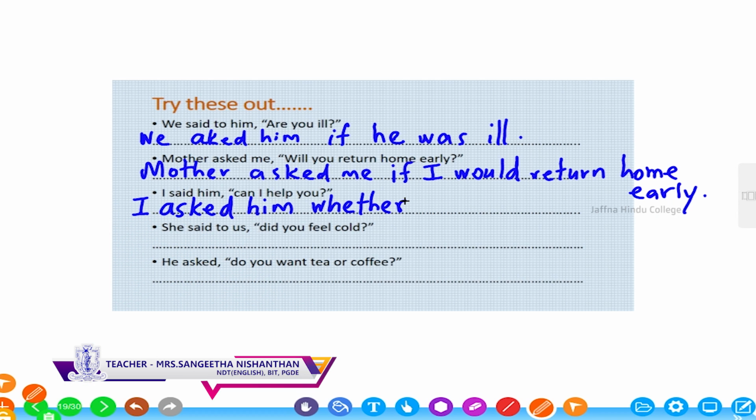So, the subject remains as I. I. The past of can. Now, the normal word order, can changes as could, help. I asked him. So, the you denotes him. I asked him whether I could help him.